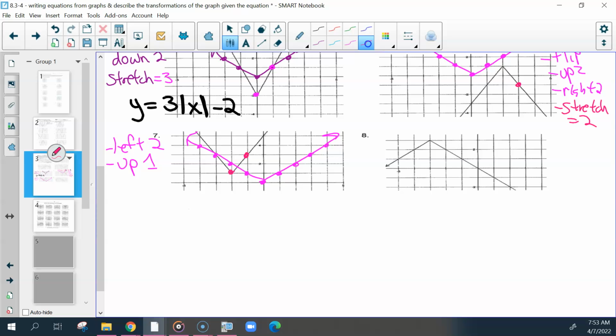We look at 2 points, your slope would be up 2 over 1. So we have 1 inside thing and 2 outside things. So this would be 2 times your absolute value of x plus 2, because that would be opposite, and then plus 1. Any others that we want to see or go over?